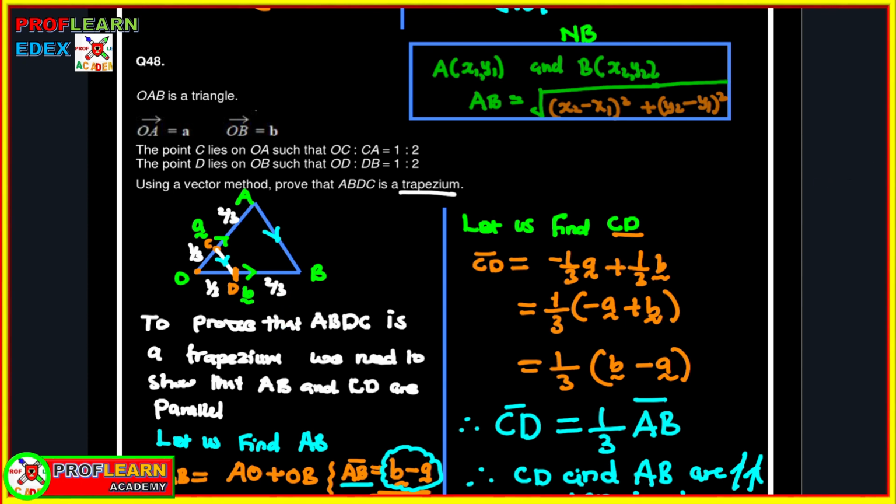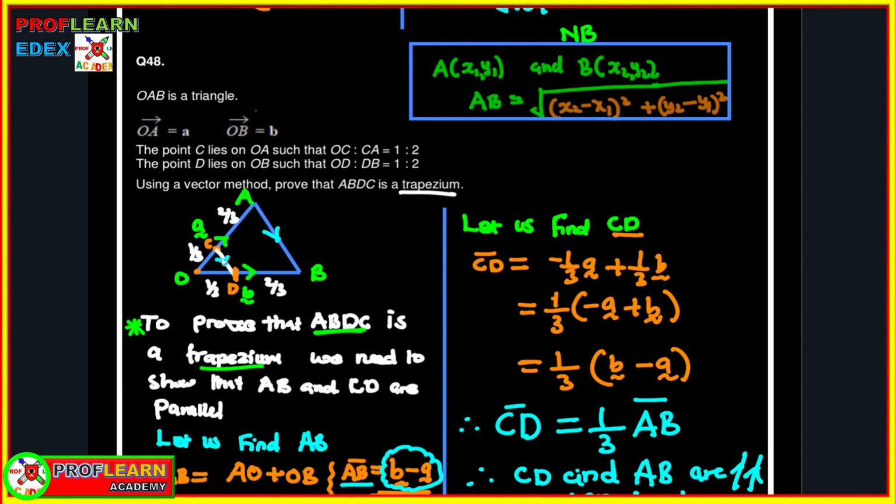So in this particular question, this is the strategy we're going to use. We are supposed to prove that ABCD is a trapezium. In order to prove this, we need to show that AB and CD are parallel. You see, I've already drawn the triangle.